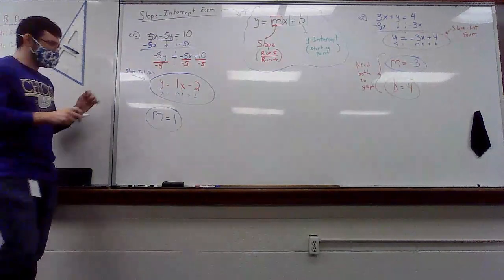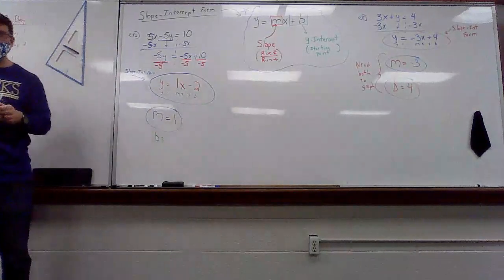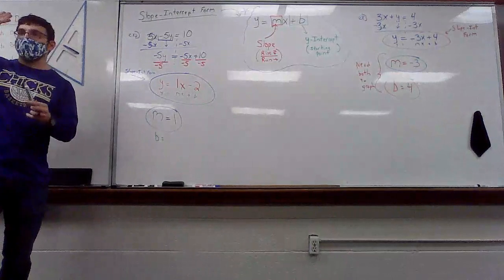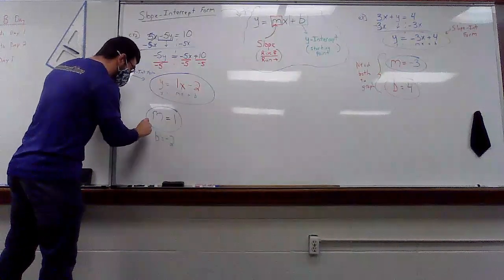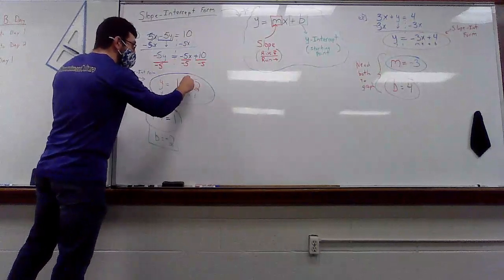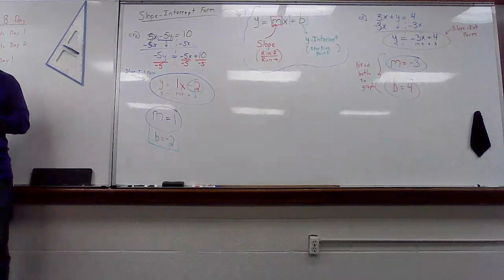What's my b? Because we need both to graph, which is what we're doing on Wednesday. Hannah? It is absolutely negative 2, because you have to include the sign with the b. Awesome job.